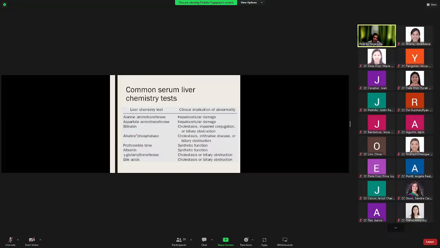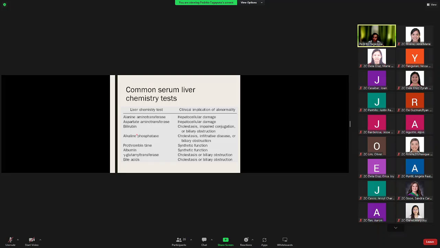So these are the tests, and the tests on the left and on the right are the clinical implication. Most of the liver function tests are done in the clinical chemistry section, but not all. Say for instance, urine urobilinogen is done in clinical microscopy.